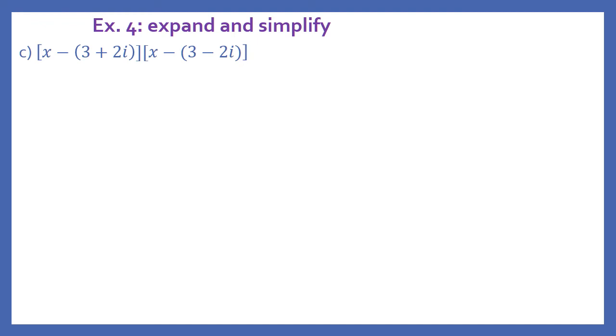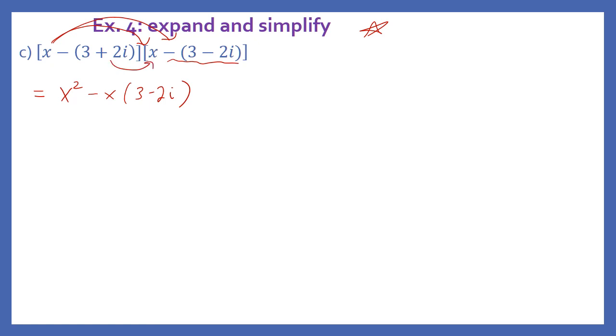Our last example. This looks intimidating. I like this question, so you might want to make sure you know how to do this. This is like going back to our factored form with complex numbers. Organization is going to be key on this. First times first, that's easy: x squared. First times last. The last thing is actually all one term, so really it's x times negative, and then 3 minus 2i.